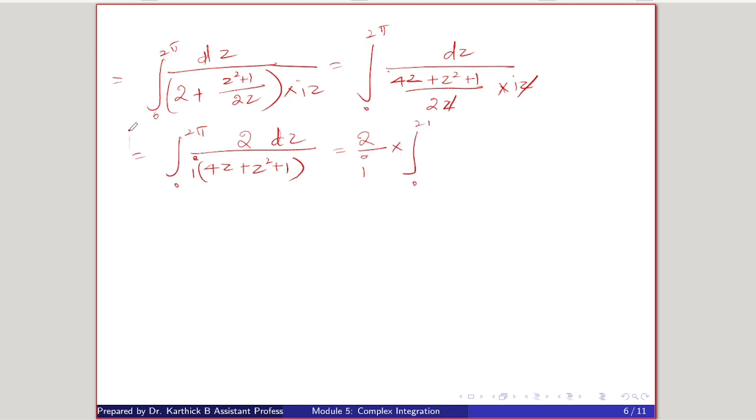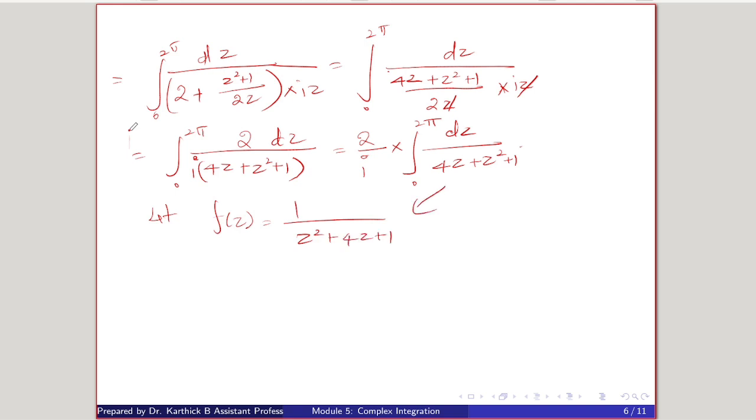So the integral of dz by (4z plus z square plus 1). So of course we have converted all trigonometric functions and theta terms in the form of z. Now let me find the function f of z. I may take f of z equal to 1 by (z square plus 4z plus 1).